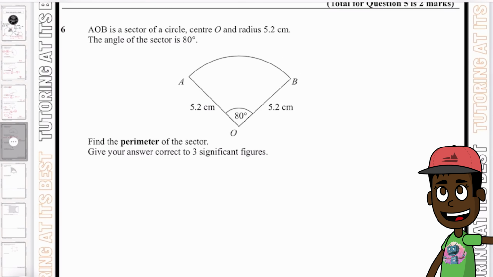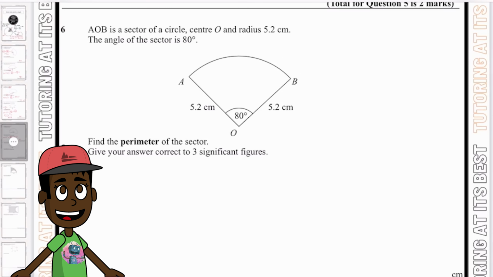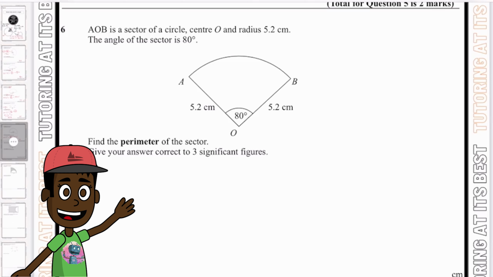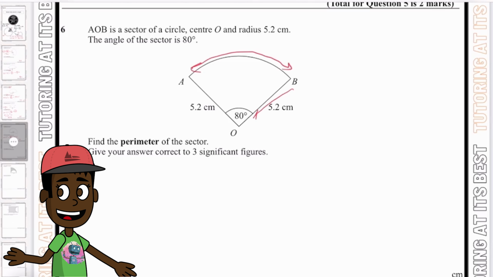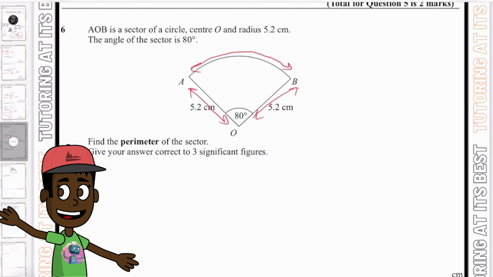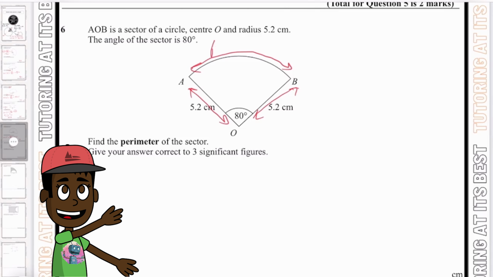So AOB is the sector of a circle, and we have our radius as well as the angle. But this time, they want us to find the perimeter. So again, that is this section and the two sections that we have here. So let's go ahead and work out our arc length first, because that arc length is simply this area here at the top.